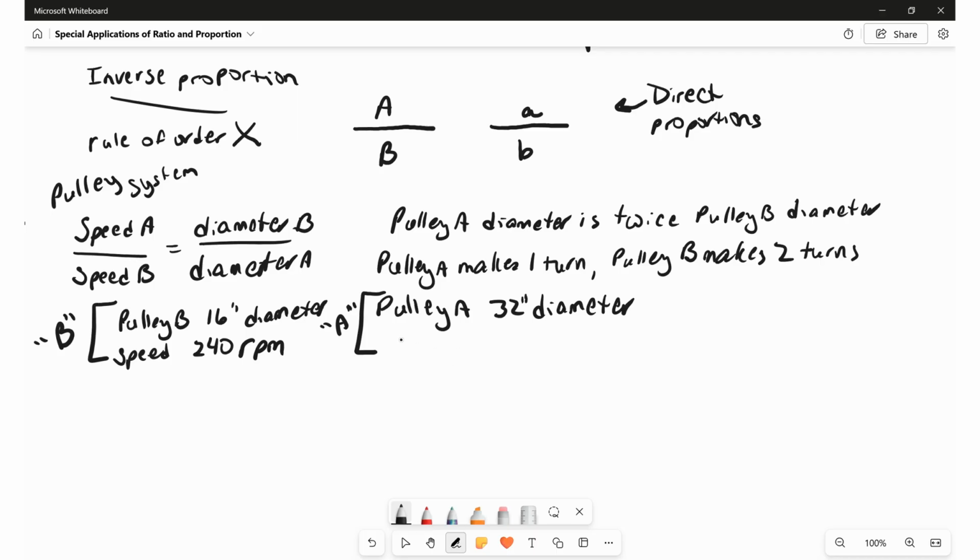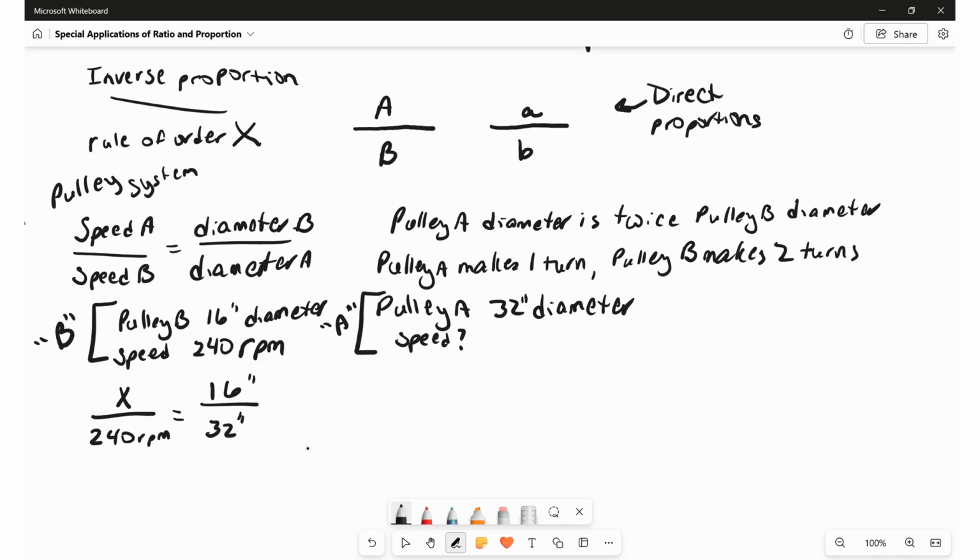Okay. And like we're looking for the speed. Okay. So we want A and B to be diagonal, basically, from one another. Okay. So we have our unknown, which is the speed of A, and we have the speed of B. And then we have the diameter of B and the diameter of A. Okay.